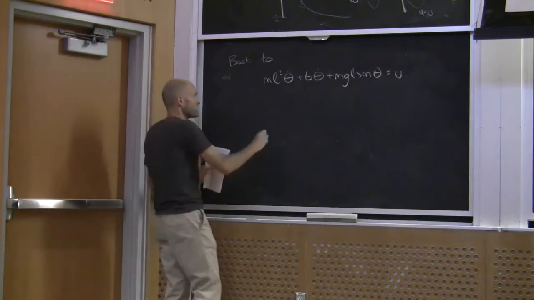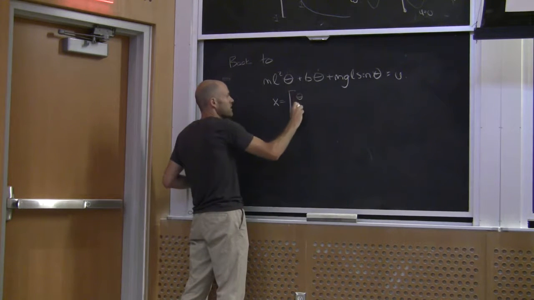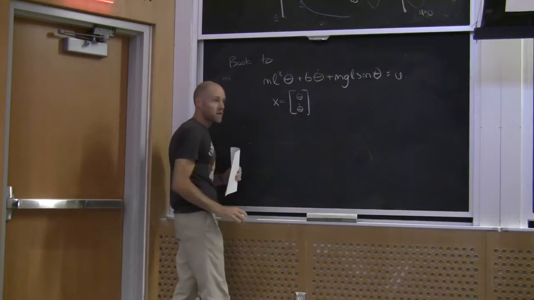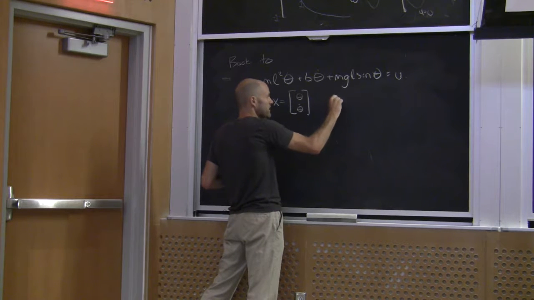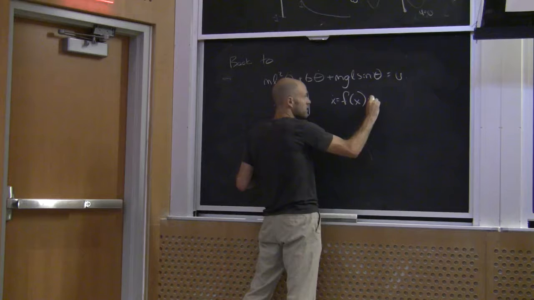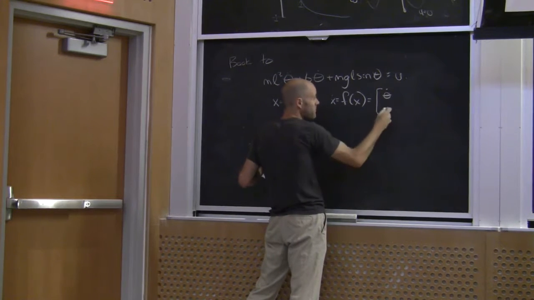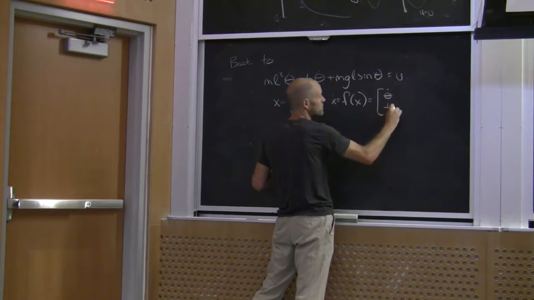So if I define my x as theta and theta dot, then I can write my system as a first order system, x dot equals f of x, which is going to be theta dot, and then my dynamics here.